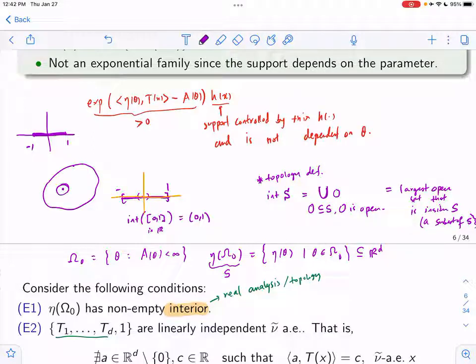Let's say this is unidimensional, this is multidimensional. The interior is empty, because any point here, if I put an open ball, no matter how small I make the radius, some of it is outside. So this has empty interior in R2.